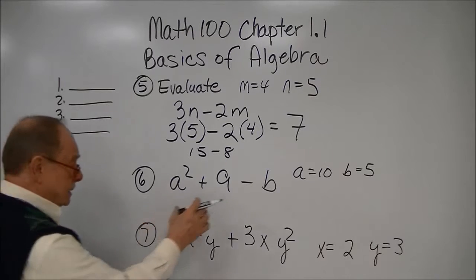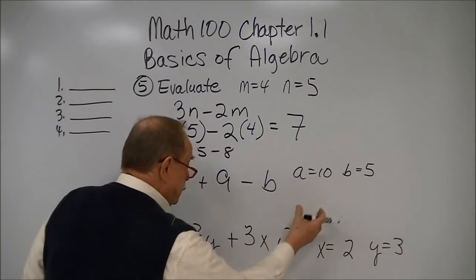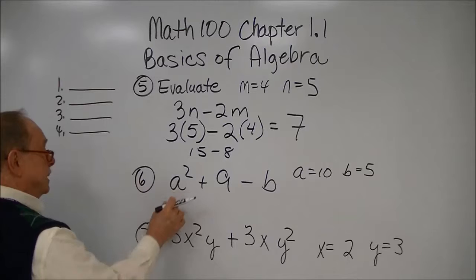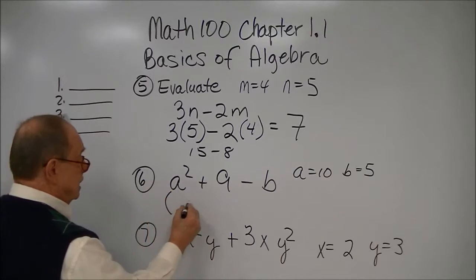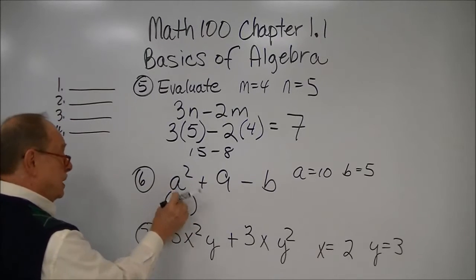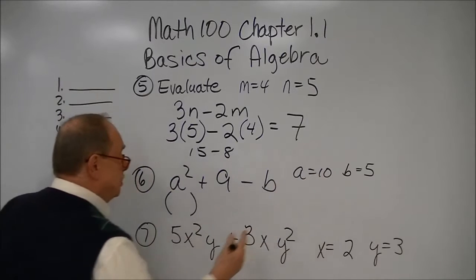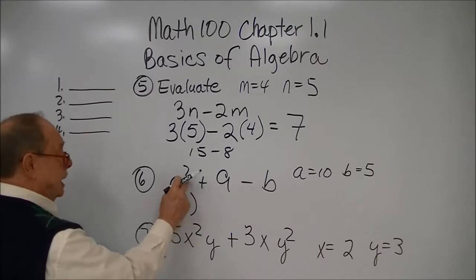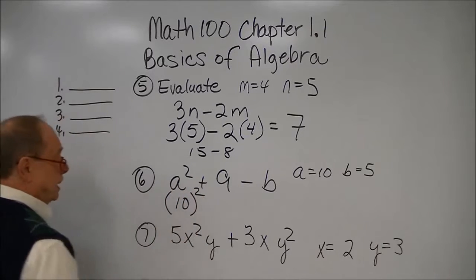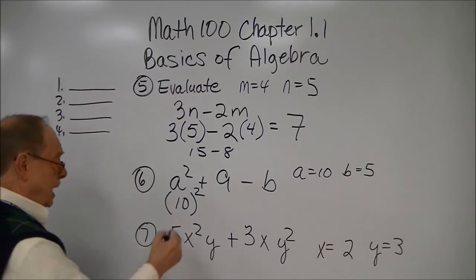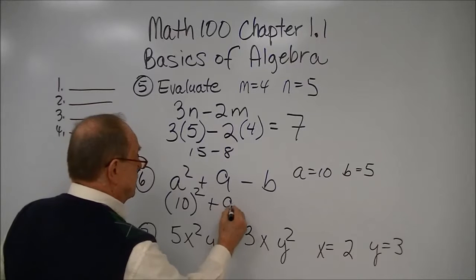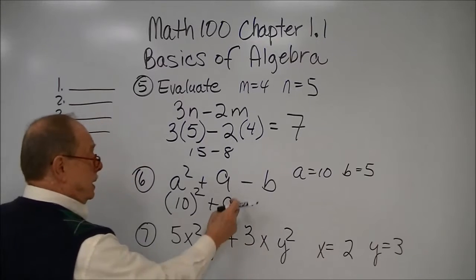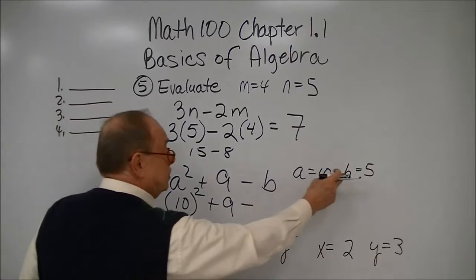In this case, again, we're going to just take the letter that's there. In this case, it's A. So we'll put the A in parentheses and put the number 10 there. A is 10, and we're going to square it. Then we're going to add 9. Then there's our negative sign, and we're going to put B in there.